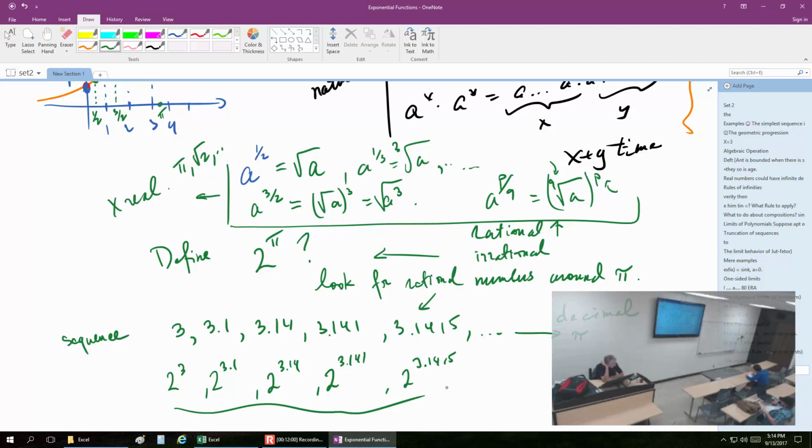So we can compute all of these. So what's the last step then? We have created a new sequence, and same question: where does it converge? What's the limit?